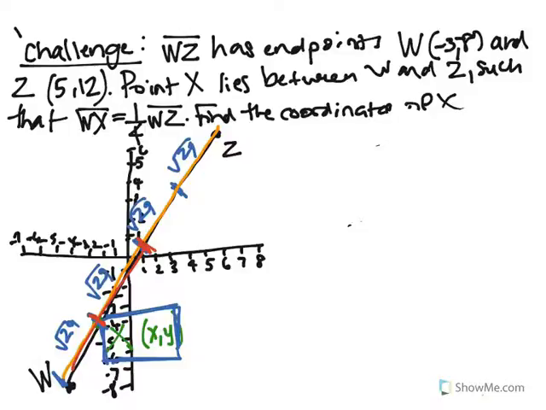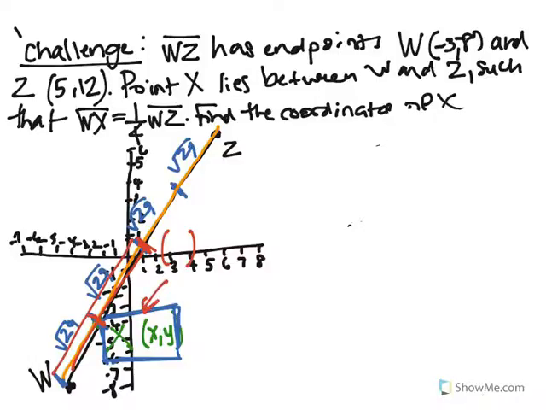So we can find this coordinate right here, and then put that into the midpoint formula, and find the midpoint of this line right here, which is going to be X.